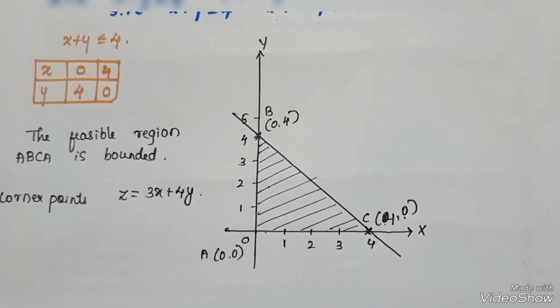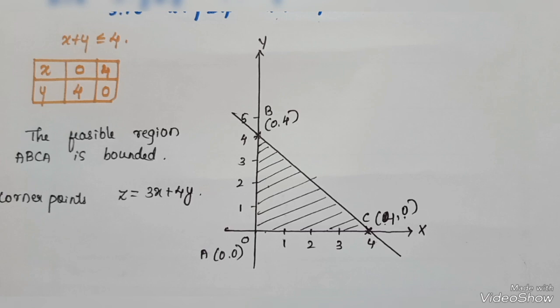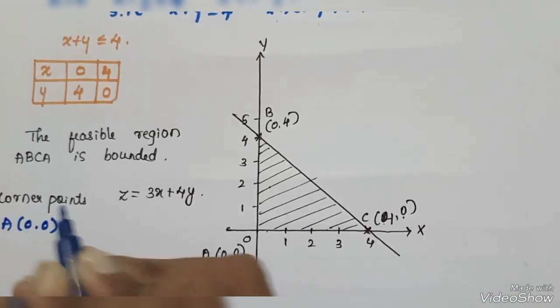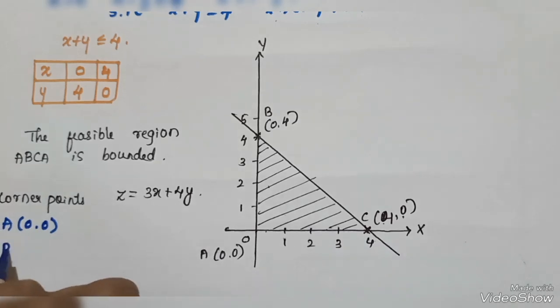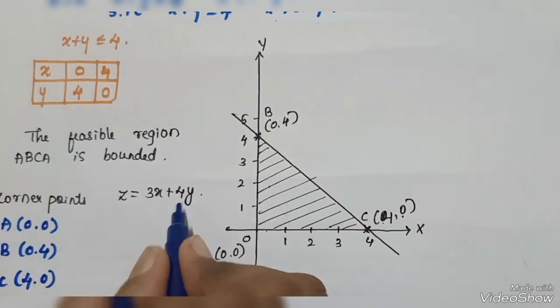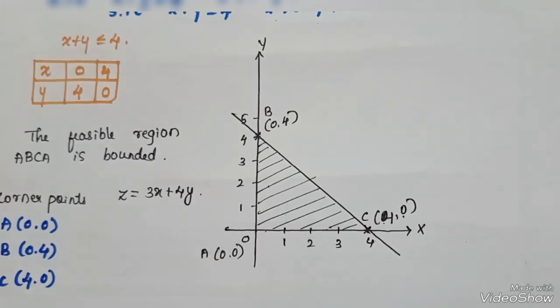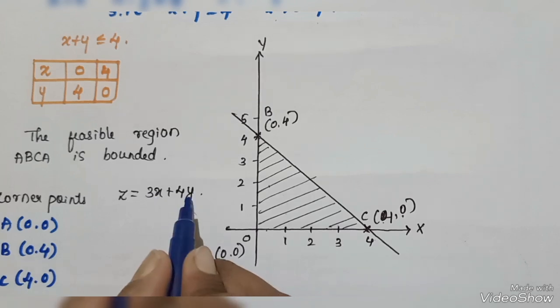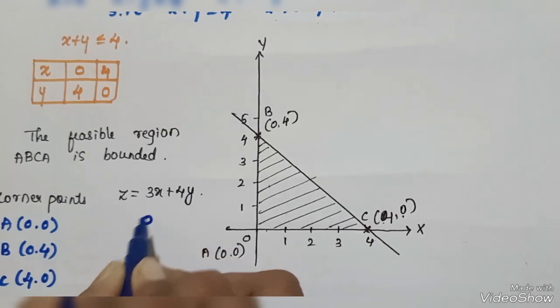Okay, the corner points and the objective function. Now we have to check the corner points: A is 0 comma 0, B is 0 comma 4, C is 4 comma 0. Check the first condition 0 comma 0: put x equals 0, y equals 0, we get 0.